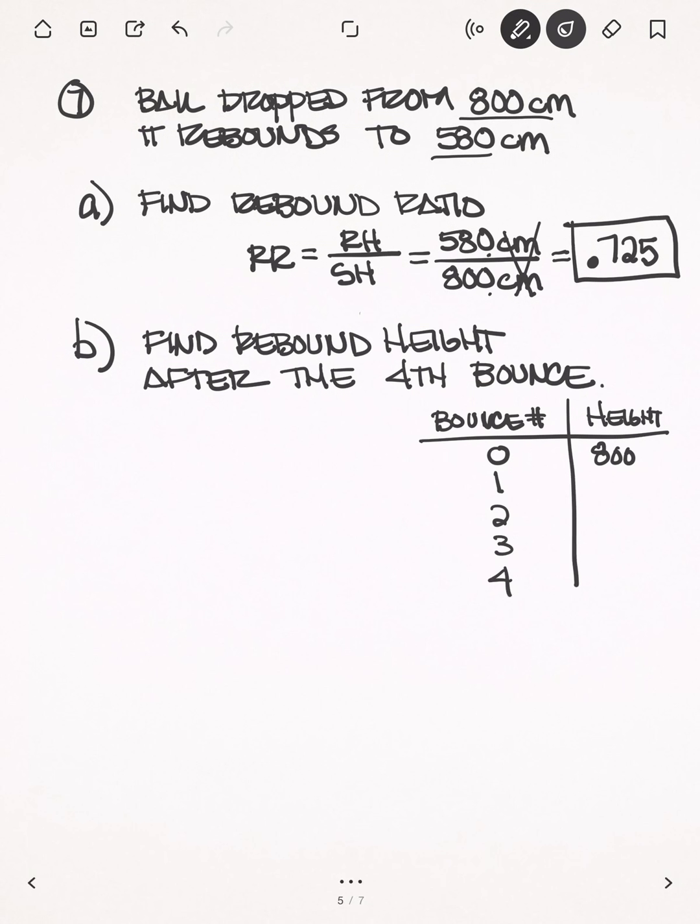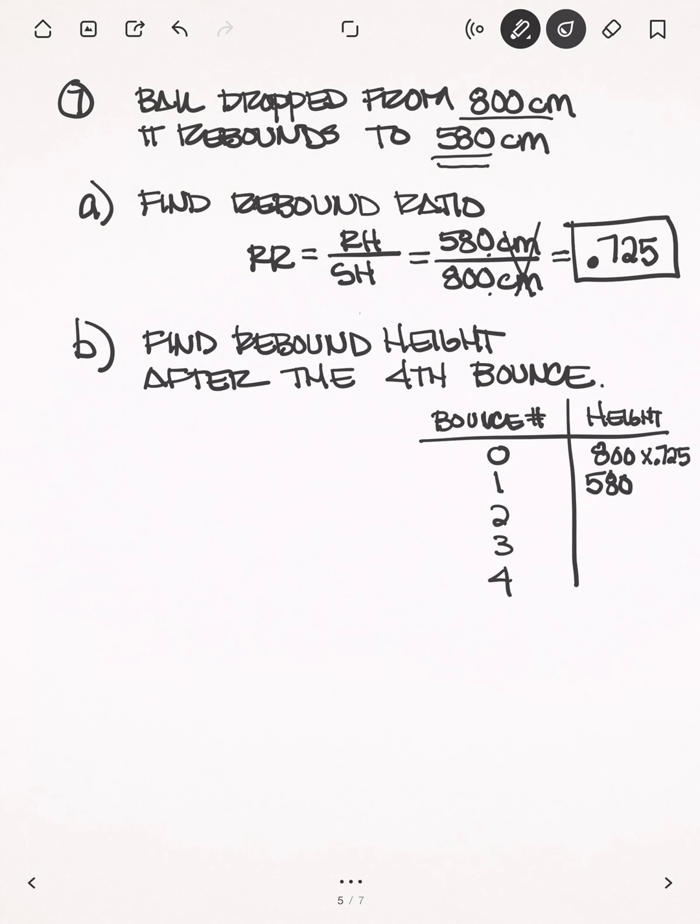We know that the rebound height after one bounce was 580. But let's just check that by multiplying by our rebound ratio. On your calculator, you're going to plug in 800 and multiply by 0.725, and we should get 580, which we do. So that is how high the ball is after the first bounce.